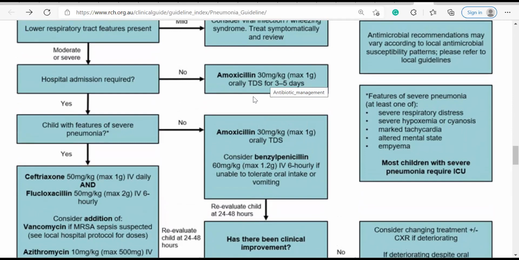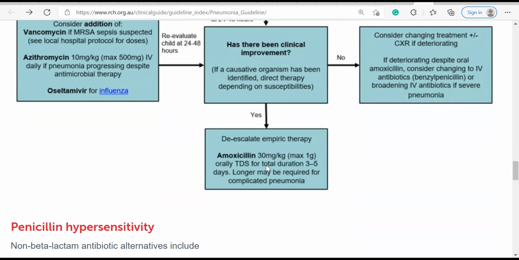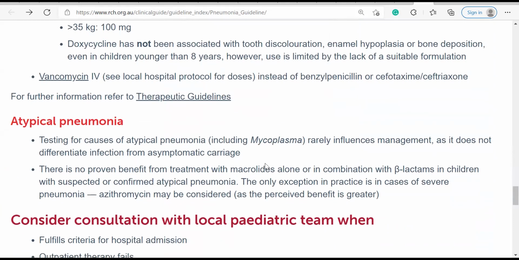Now, in non-severe pneumonia, you might need to give IV antibiotic, especially IV benzyl penicillin, if you see in the question that this child is unable to tolerate oral intake or is actually vomiting. When the child is vomiting or not feeding, you can't give oral antibiotic, you have to give IV benzyl penicillin. Okay, so very important, whatever I'm saying, everything will be important for the exam.